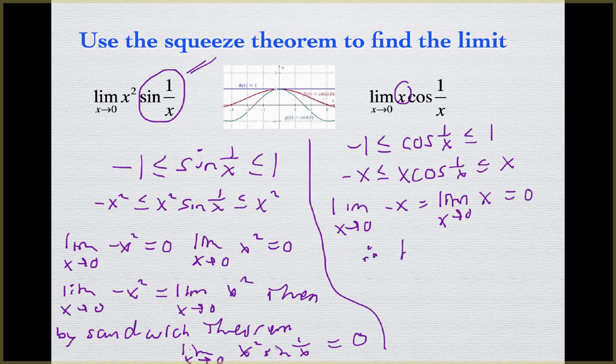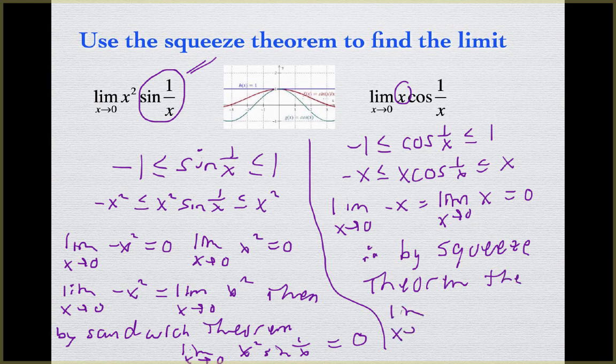Therefore, by the squeeze theorem or sandwich theorem, the limit as x approaches 0 of x cosine 1 over x is 0. This is how you have to do these. Yes, you need to show the steps.